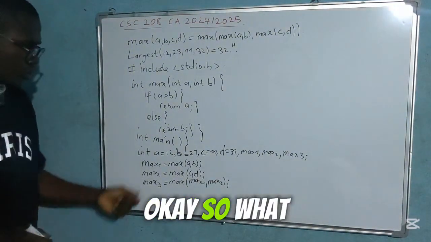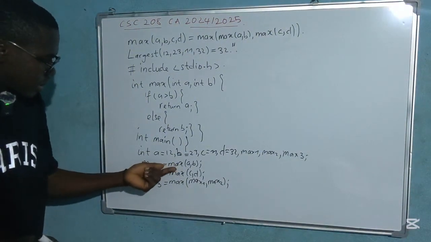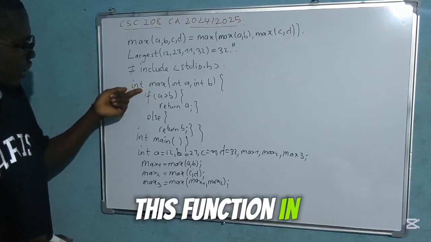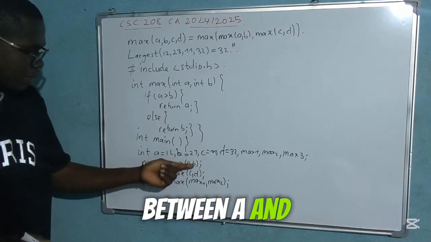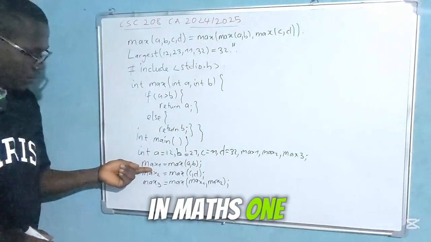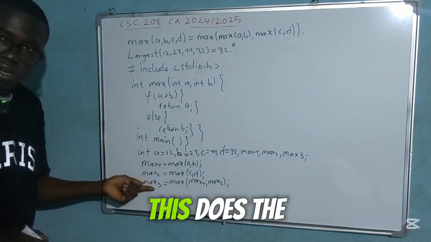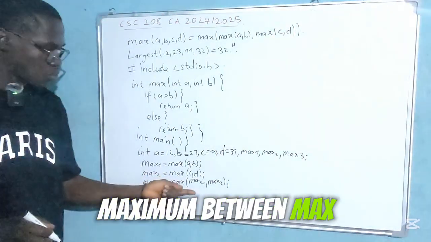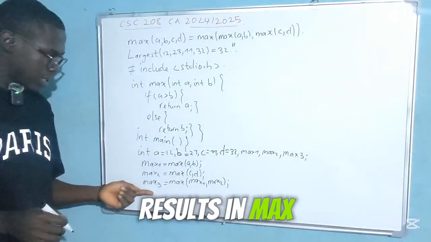Okay, so what happens here? This function max finds the maximum between A and B and saves the result in max 1. This does the same thing and this does the same thing. Just find the maximum between max 1 and max 2 and save the result in max 3.